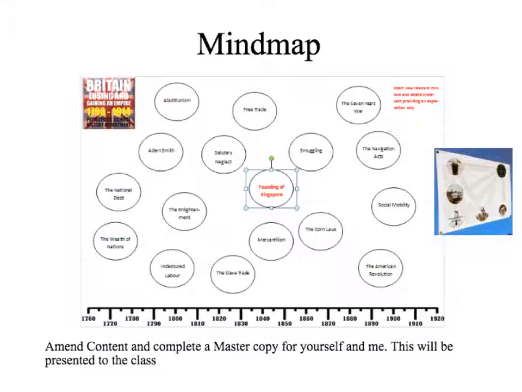This is an illustration of the mind map that you will be asked to complete. On the sheet you will have all the key factors that we have looked at across the teaching of the unit on trade. In the middle you will have your location. Now, depending on where your project fits on this course, some or all of these will be relevant.